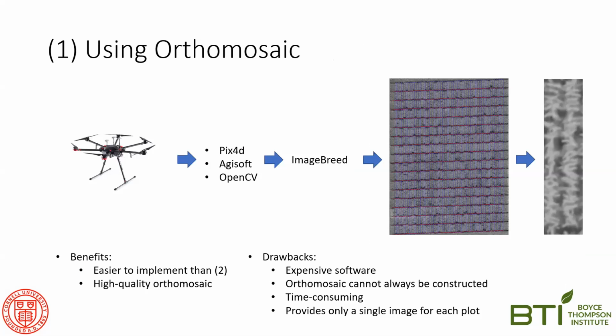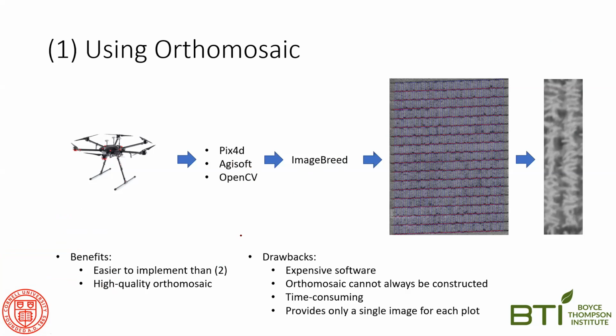Just to give more detail on that, for the first avenue you can take, images come off the drone or off the camera. They're piped into some external software for creating the orthomosaic. And then the orthomosaic is uploaded to ImageBreed, where the plot images are assigned.